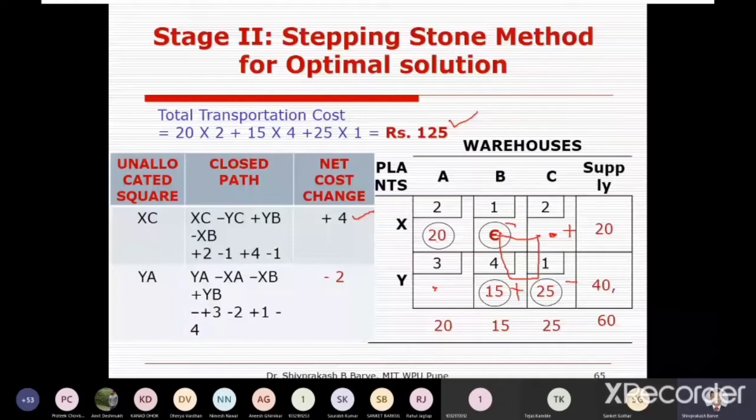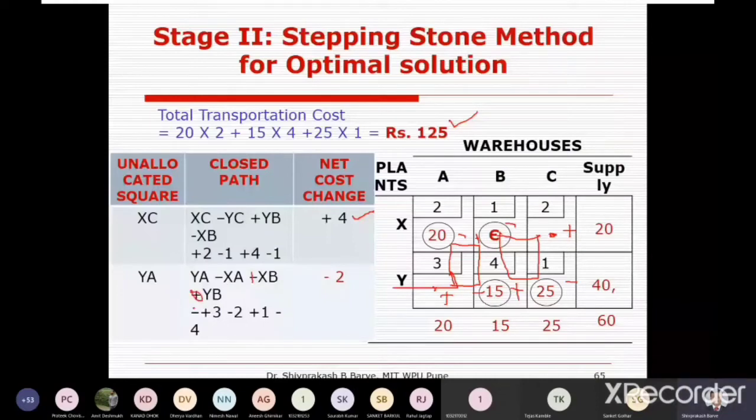So I can make a closed loop by using these 4 cells. Mark here plus and minus. So here it is plus, minus, here it is plus, and here it is minus. Now use the same symbols to calculate the cost also.